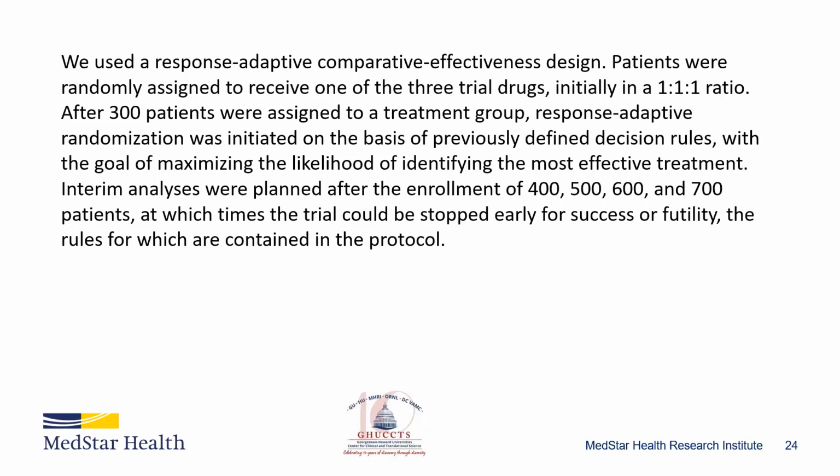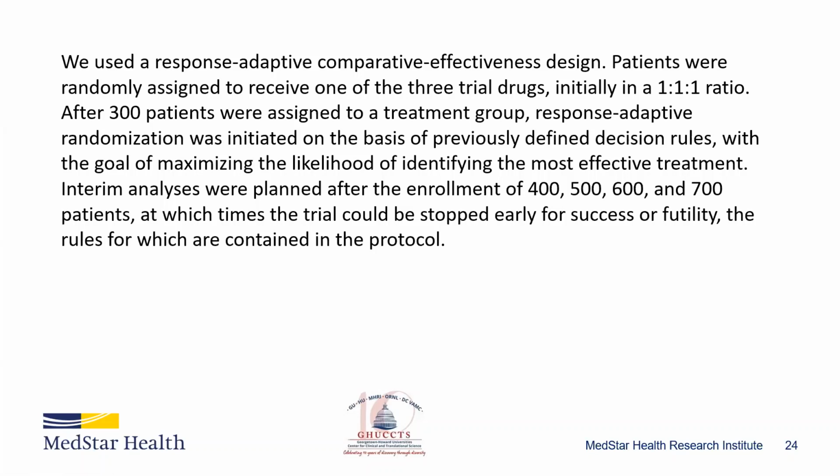However, after 300 patients were assigned to a particular treatment group, then response adaptive randomization was done on the basis of what the outcomes were in those first 300 patients. So in other words, the way that they're randomized after 300 patients may not necessarily be in a 1-to-1-to-1 ratio. And then they did this after 400 patients, 500, 600, and then up to 700 patients.